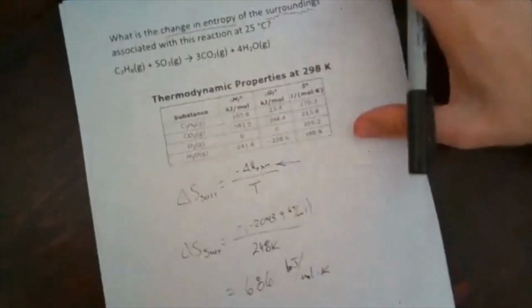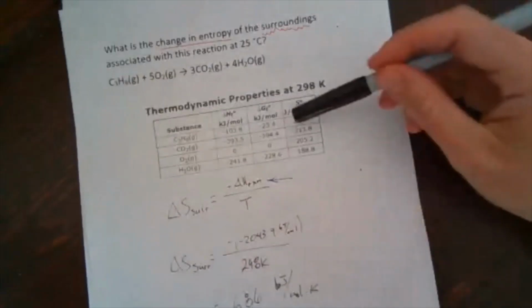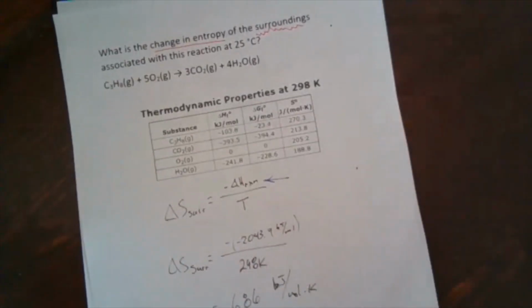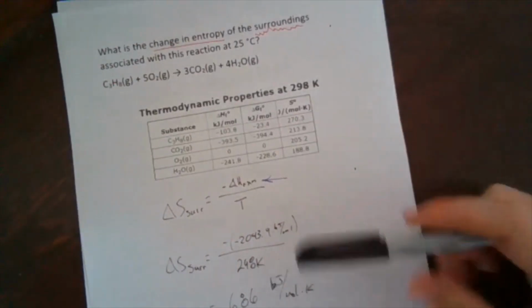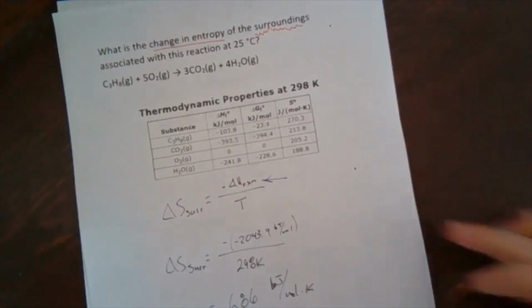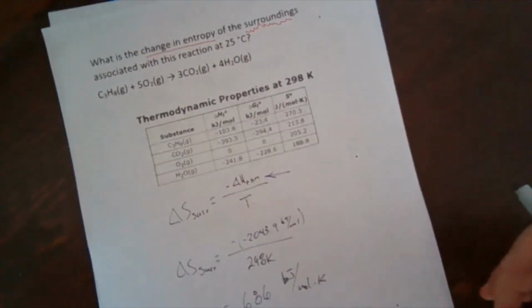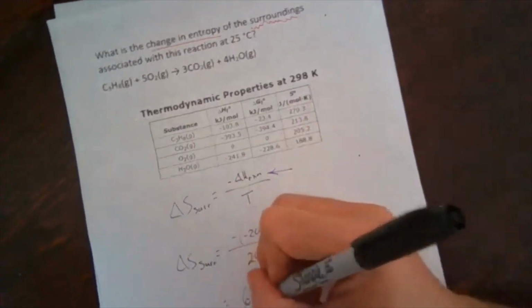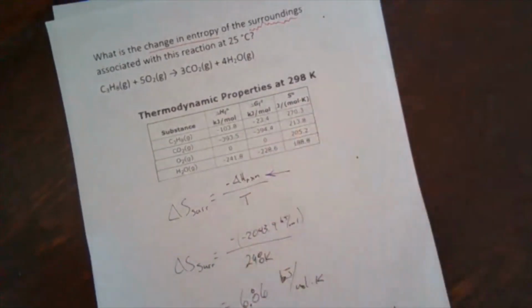And that energy per Kelvin is our standard entropy unit. You'll note this is kilojoules per mole. A lot of times we see joules per mole. It's fine. If you're just getting an answer, this is still an entropy unit, and we can still certainly use that. I think there should be a 6.86, not 686.